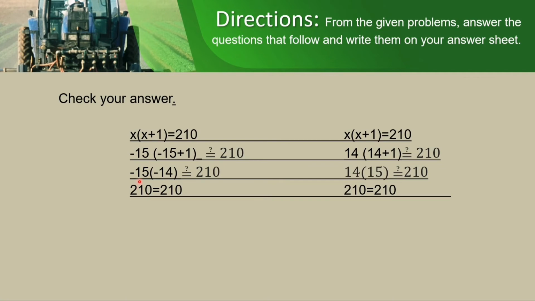So negative 15 times negative 14, the answer is 210. So therefore, your answer is correct. The first set of integers whose product is 210 is negative 15 and negative 14. And the second set will be the positive values, which are 14 and 15. Next problem.